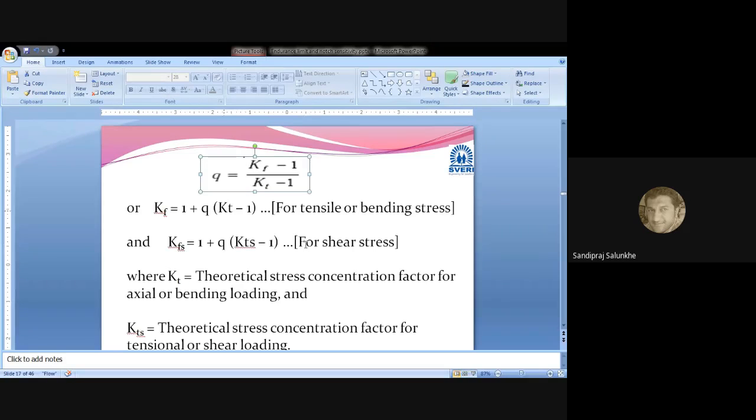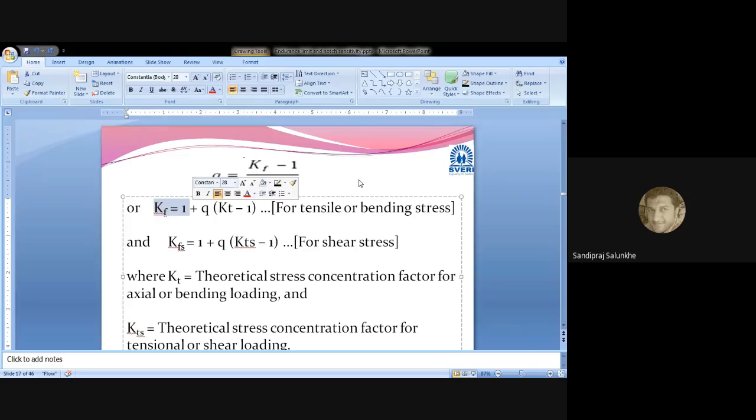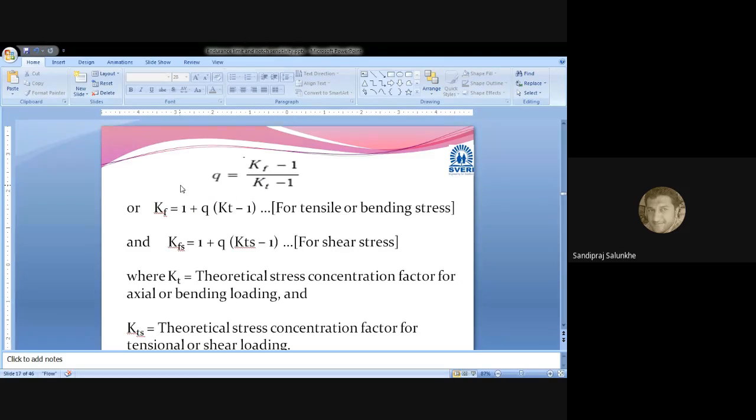Okay. Now this Kf, if you take this Kt minus 1 to this side, and if you want to calculate only Kf, because we are interested in calculating this Kf, which we can use for calculating the endurance limit Se. Okay.